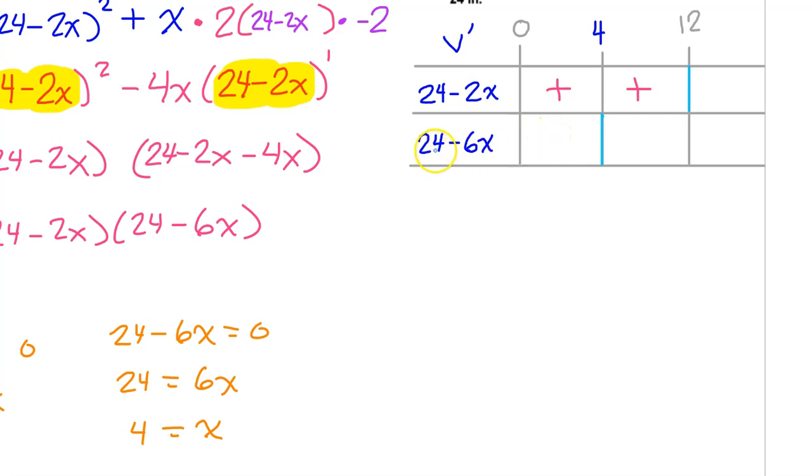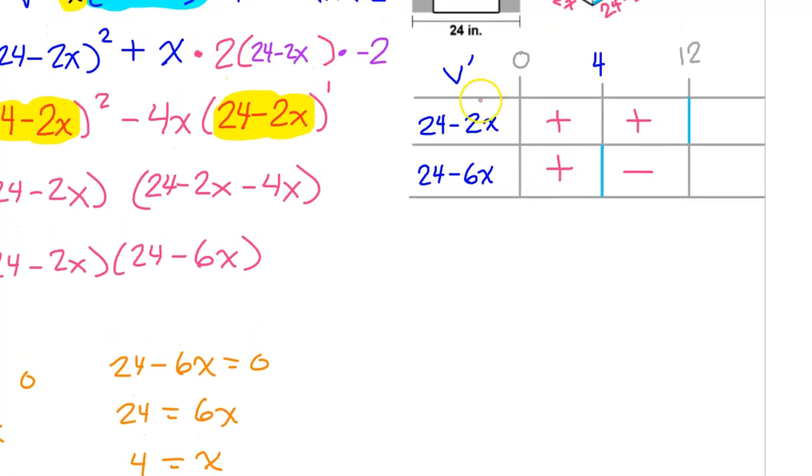This would be 24 minus 12. That's a positive number. So this factor will be positive in this interval. Let's use a test value of 5 for this interval. If we plug in 5, that's going to be minus 30. 24 minus 30, that's a negative number. So the overall sign of v prime is positive from 0 to 4 and negative from 4 to 12.